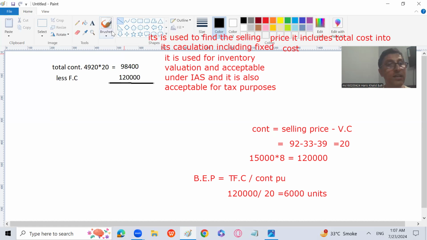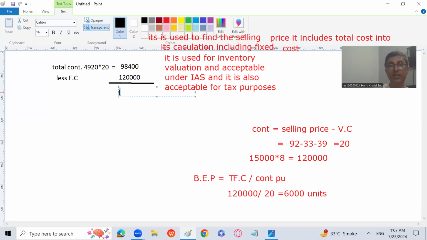Fixed cost is a cost which does not change with the change in the volume of production. So if the production is increased to 6,000 or to 15,000, or it is decreased to 4,920, total fixed cost will remain the same. 98,400 minus 1,20,000, 21,600 is going to be the loss for the year.